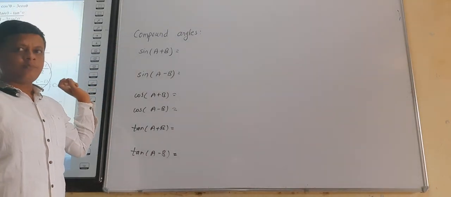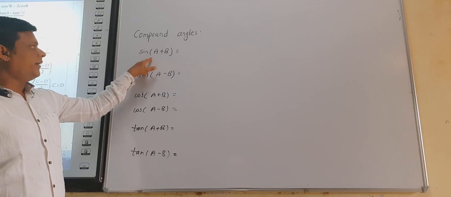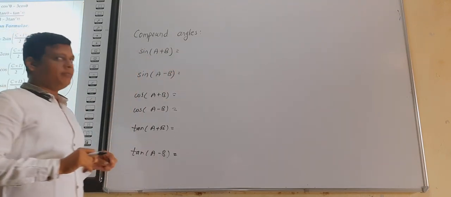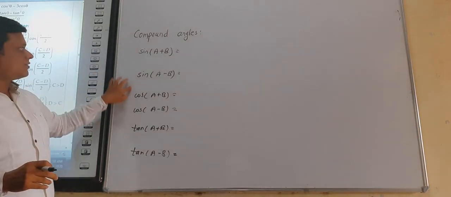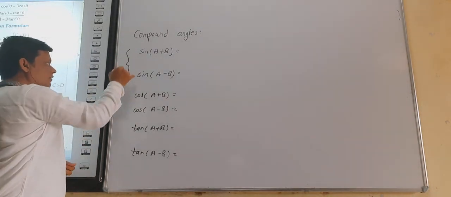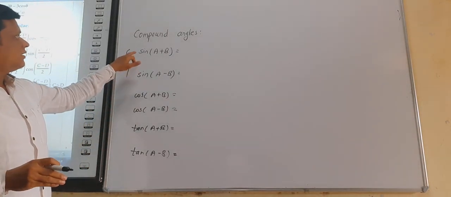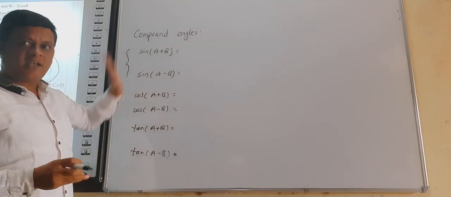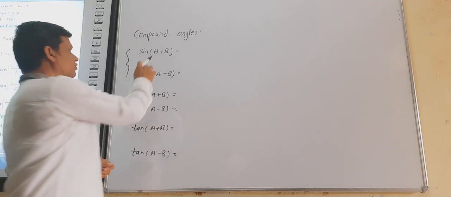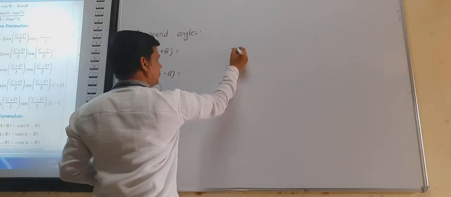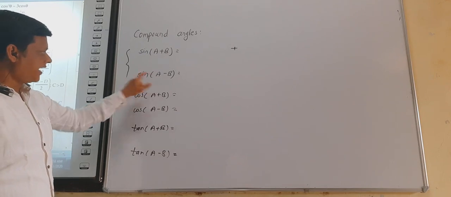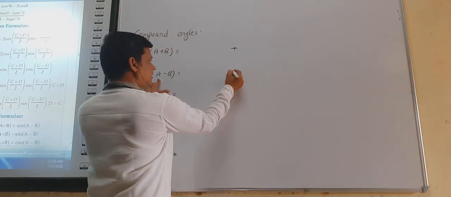See the first formula, sin(A plus B) equals. You have to remember in these two formulas, if sin(A plus B) is given, the sign is as it is. So in sin(A plus B) we write plus, and in sin(A minus B) we write minus.